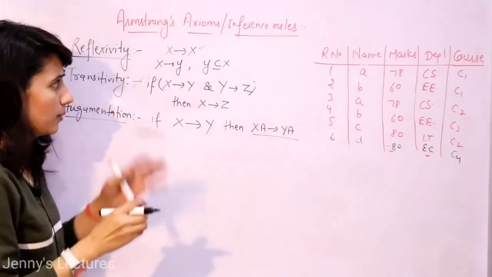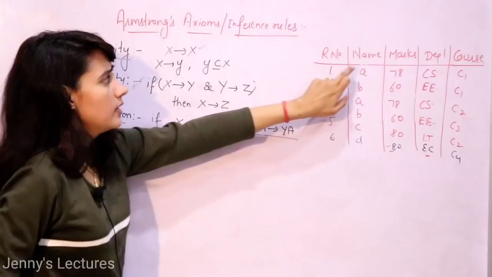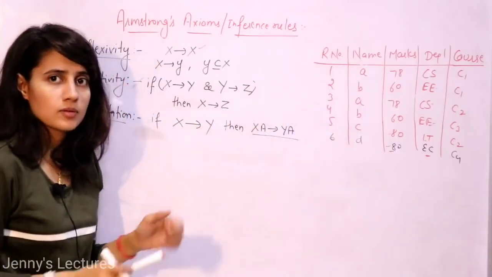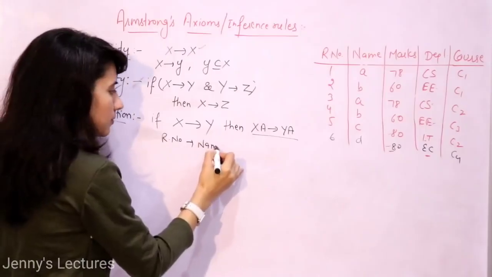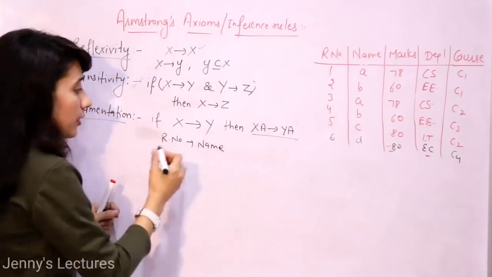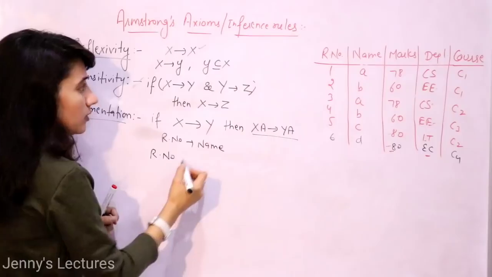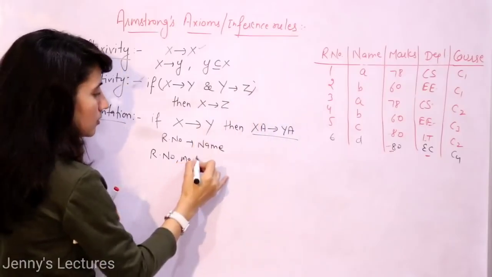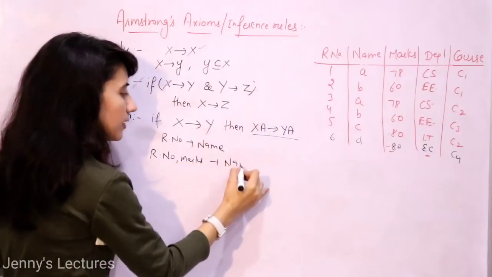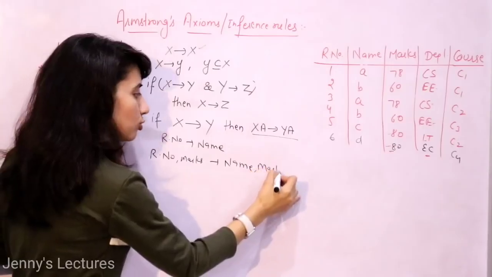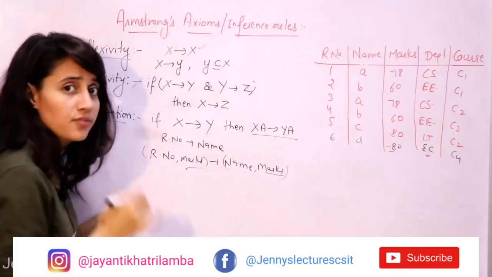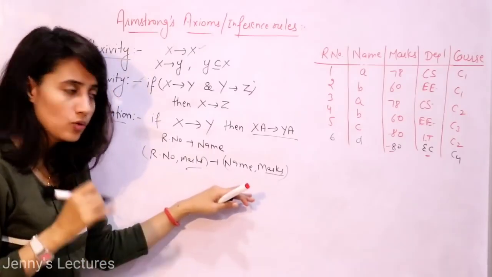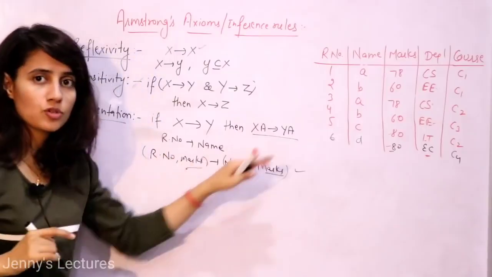Like in this case, suppose I am saying roll number determines name, right? This functional dependency exists here. Fine. Now you can add marks: roll number, marks determines name, marks, with the same attribute, marks, on both sides. So this would definitely be a functional dependency on the table.